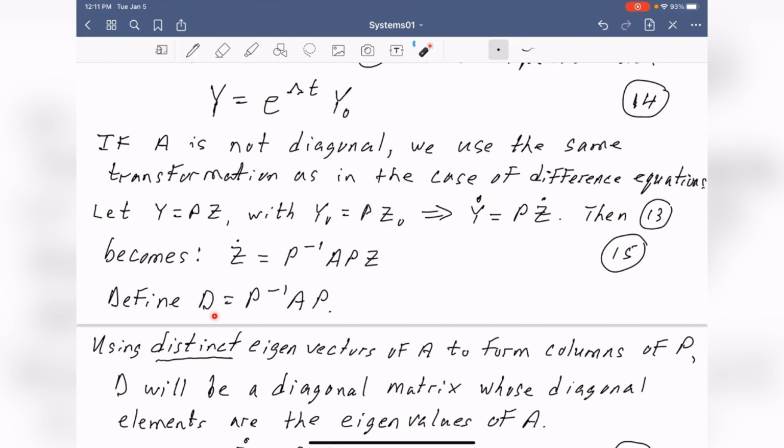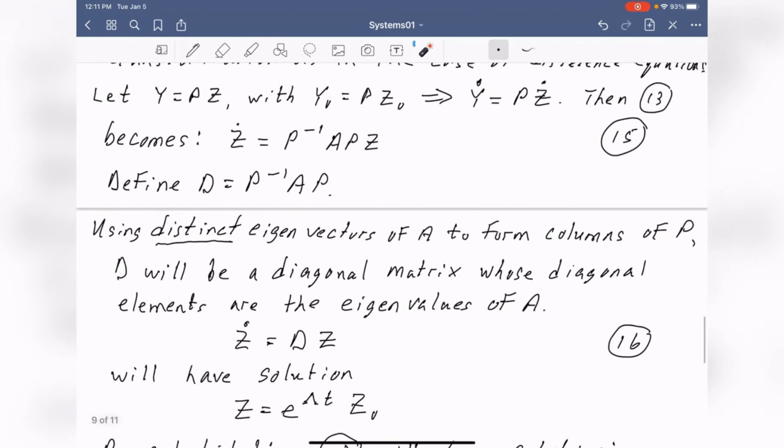And we define D as being the inverse of P, pre-multiplying A, and then post-multiplying by that matrix P.